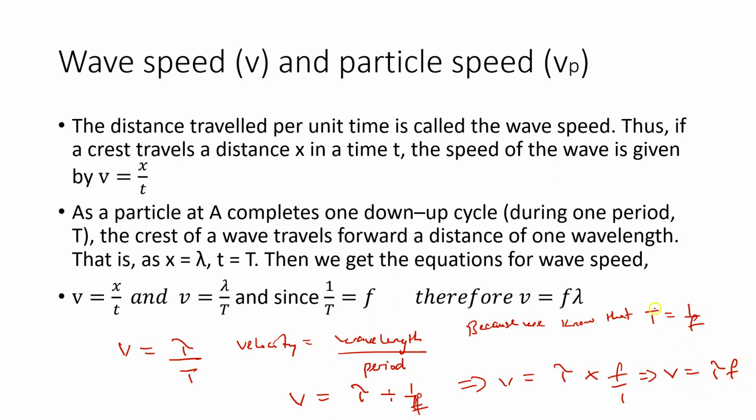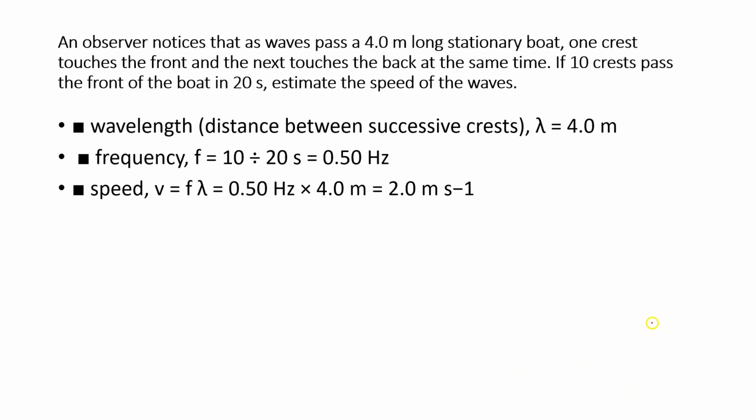So this is another equation that you will come across: speed of the wave is equal to wavelength times the frequency. And this is just a proof to show you what we're doing because of the relationship between period and frequency.